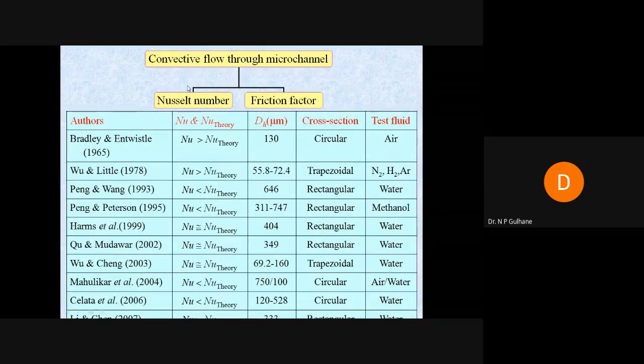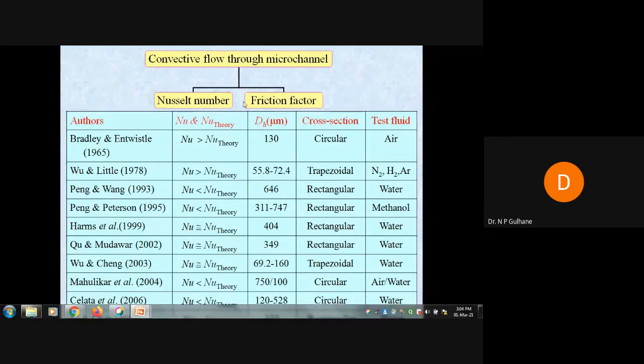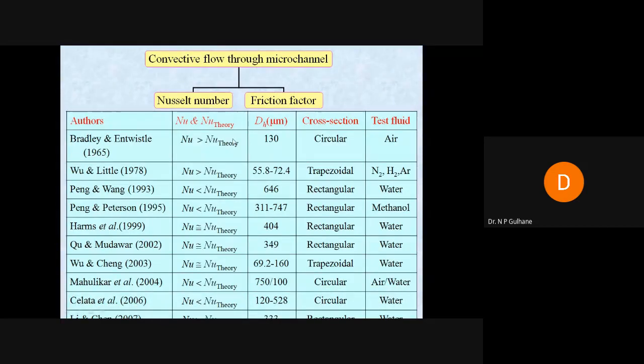One, the Nusselt number increases, and because of this, friction factor and pressure drop, heat transfer and other factors get affected. That study was also carried out by a number of researchers. They also found that the Nusselt number sometimes increases, sometimes decreases, sometimes is equal. And they studied with different hydraulic diameters, different geometries, different types of test fluid.